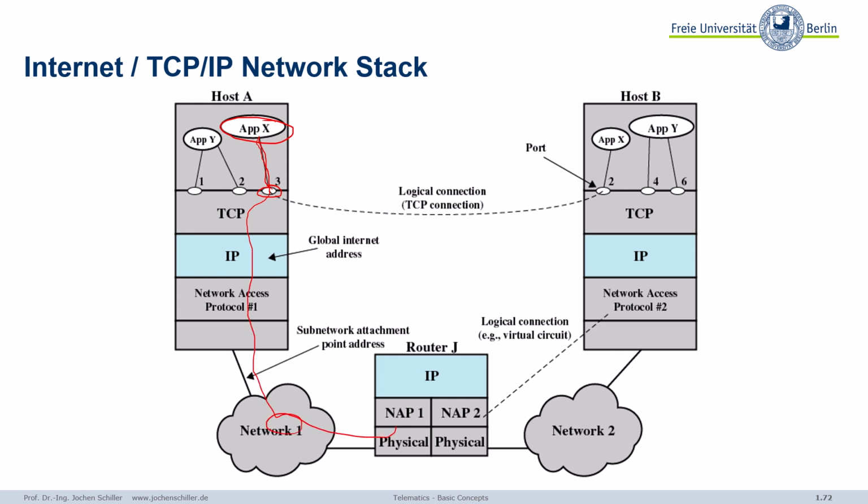Then we have an intermediate system, for example, a router. And then we go to yet another network and come up on the other side at the server. And then depending on the protocols and the port number, we will offer the data to yet another process.